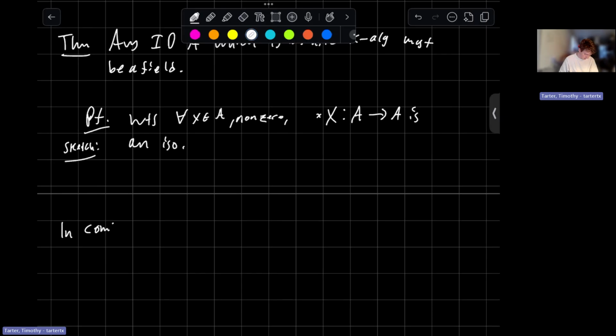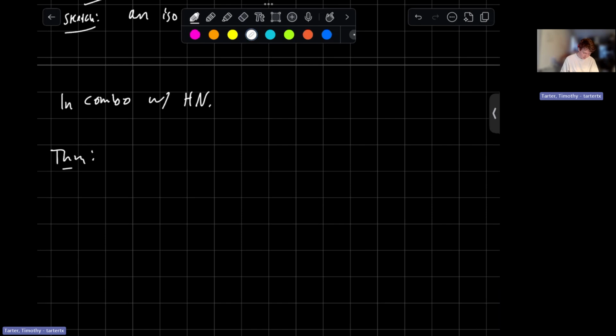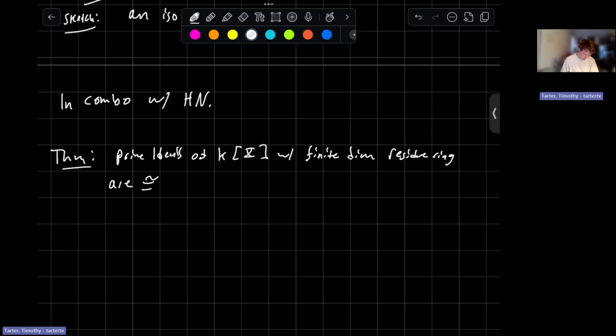So in combo with Hilbert's Nullstellensatz, prime ideals of K[X] with finite dimensional residue ring are the same as maximal ideals of K[X].